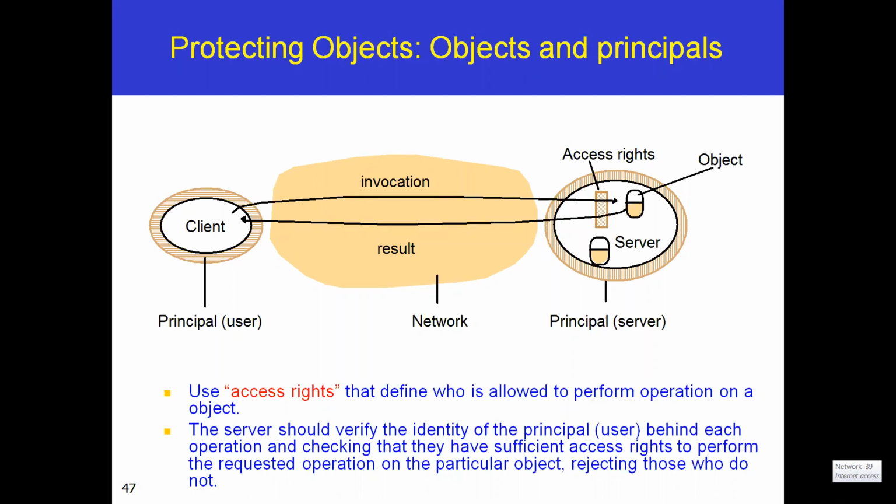Here we have objects and principals. The principal user, the client, is the principal user. Both client and server are users. Upon client invocation, the server will respond. The invocation is sent from the client to the server.